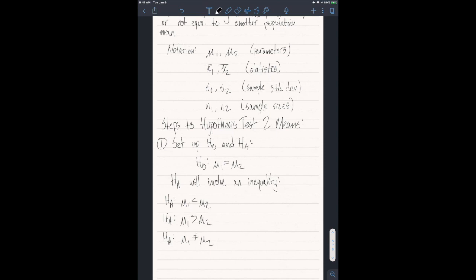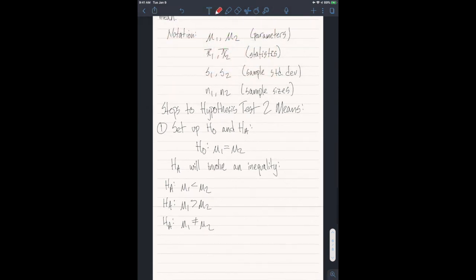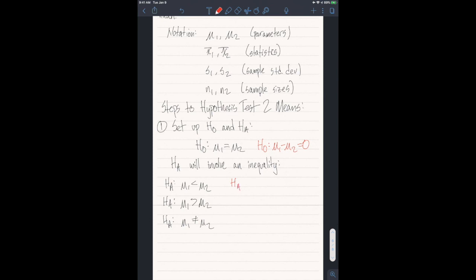And again, while we're in this section, spoiler alert, StatCrunch is going to be doing the same weird thing where it likes to have it all set up on one side. So the null in StatCrunch is this, right? It subtracts the mu2 from both sides. For some reason, it likes it shown like that. Same thing for all these other ones.